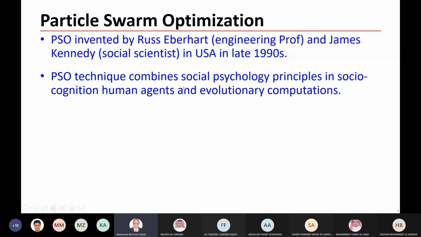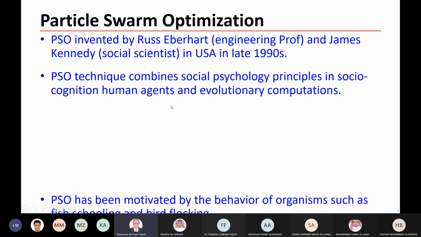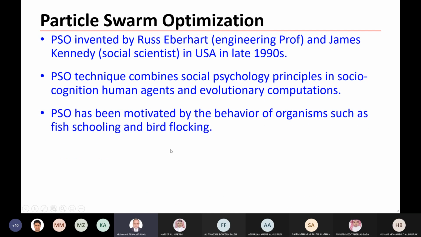The PSO technique combines social psychology principles, socio-cognition, human agents, and evolutionary computation. So it is a combination, as we mentioned, between your own experience and the others' experience.